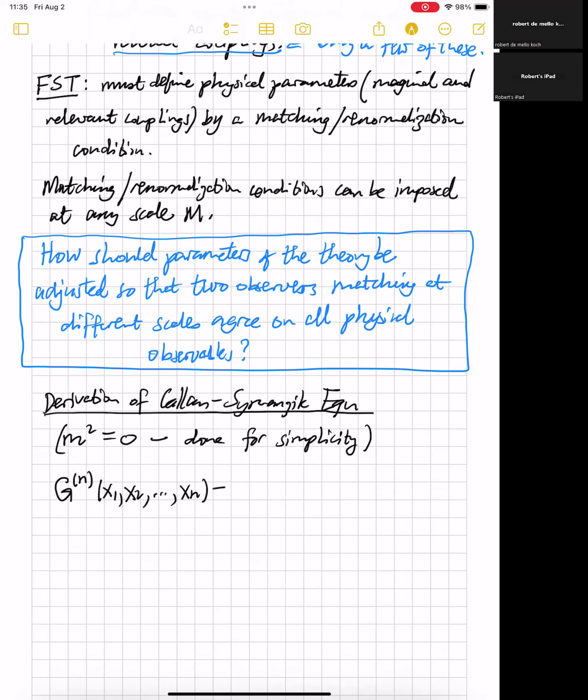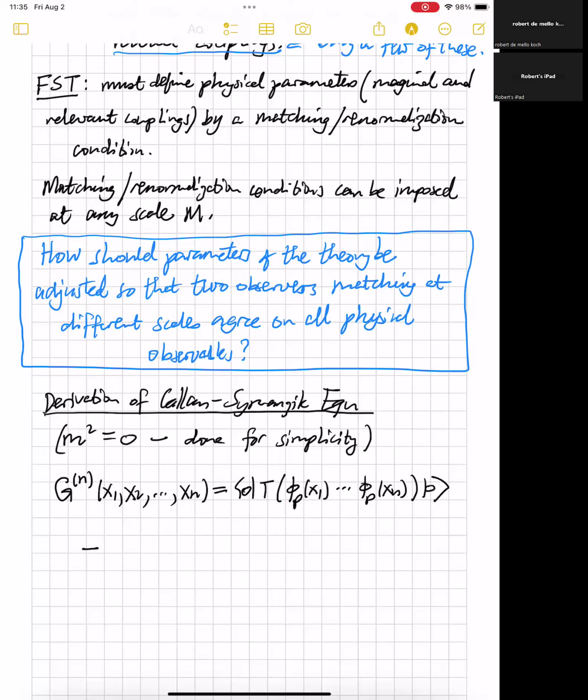And let's just think about what we're doing. So one way to think about this quantity is we're taking the vacuum expectation value of the time-ordered product of n physical fields. Okay, this is definitely something physical that an observer may wish to measure.